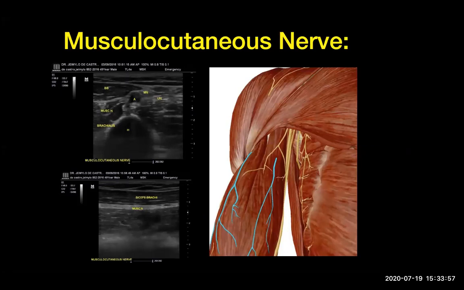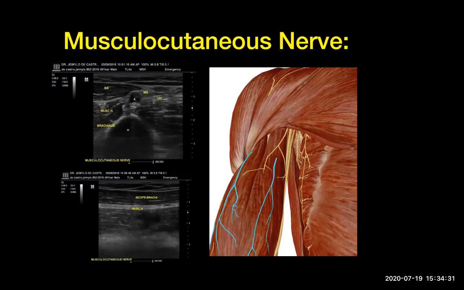Now you can also begin scanning the musculocutaneous nerve at the axillary area. What is shown here is that if you abduct your shoulder and externally rotate it, just like what you did in the axilla, then you will see at the middle of that image your axillary artery, the A there, and all the nerves surrounding that area.